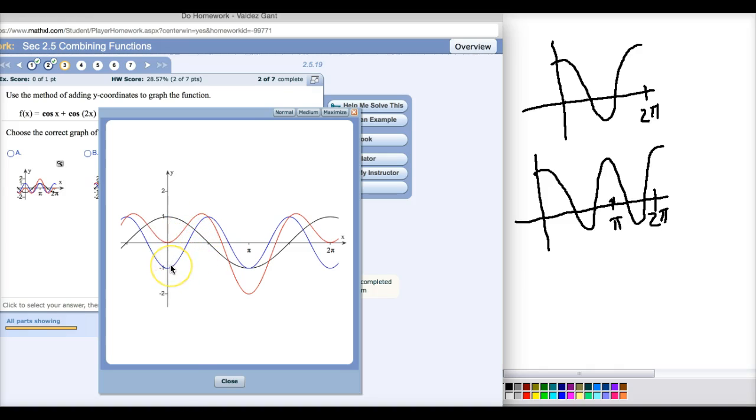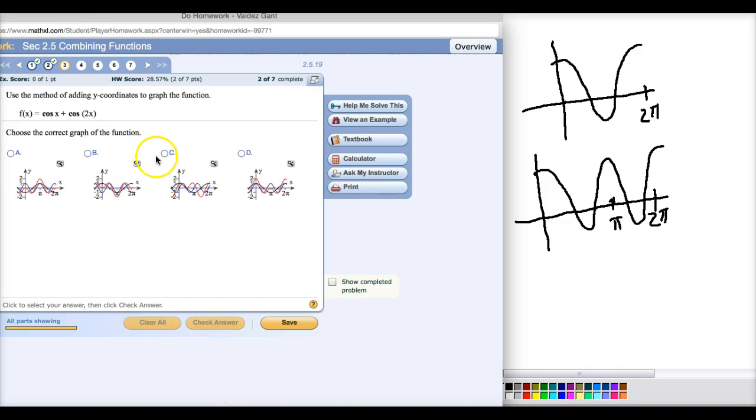So we look at our blue graph, and you notice here that the blue graph starts below the x-axis. So even though it does look like a cosine of 2x function, it is a minus cosine 2x, which is not what we need. We need a positive cosine 2x. So B would not be the answer.